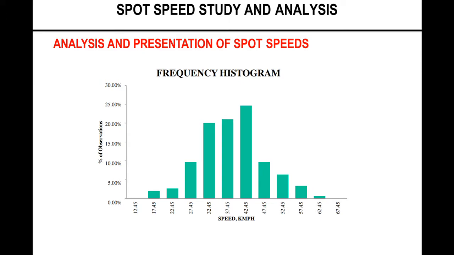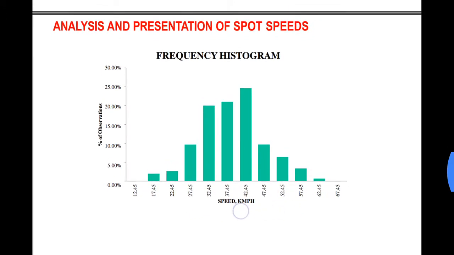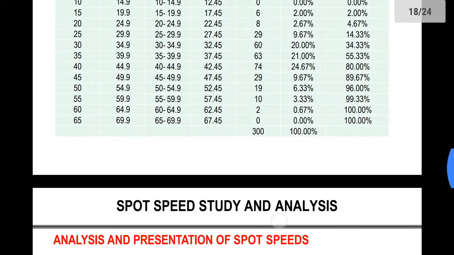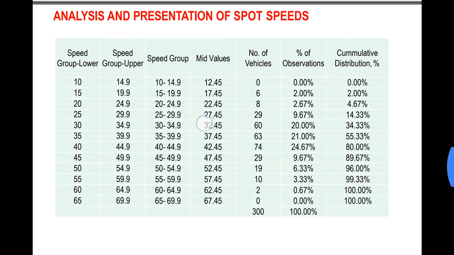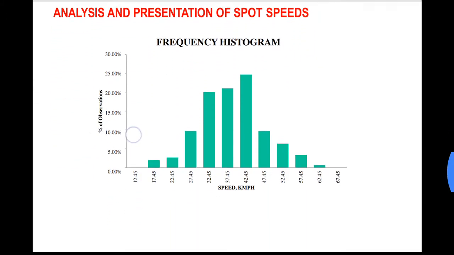First one is the frequency histogram. Here along the x-axis we have the speed in kmph. These are the mid values from this column. And we have the number of observations along the y-axis.